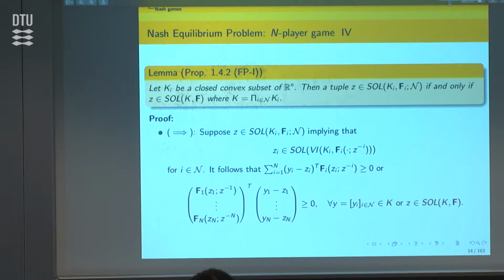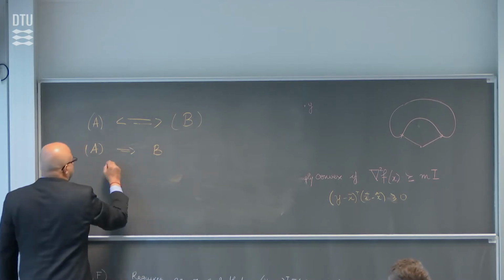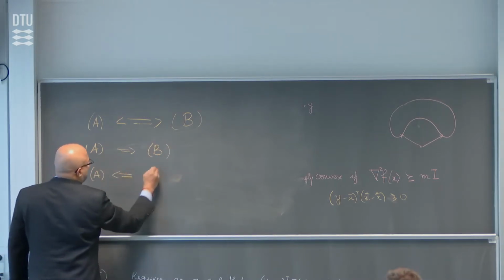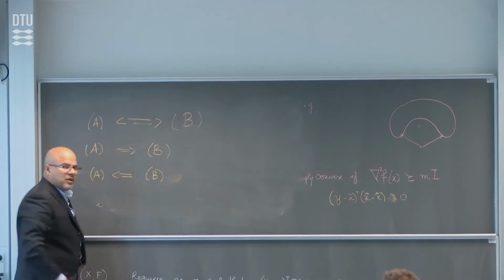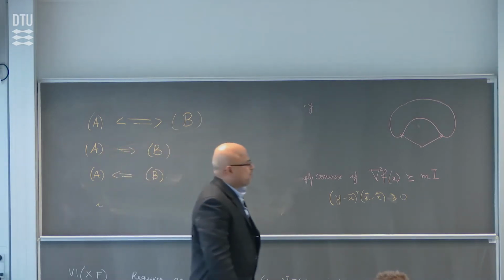Whenever I try and prove A if and only if B, then I need to prove that A implies B, and I need to then prove that A is implied by B. Okay, I need to prove both directions. So let's prove the forward direction.